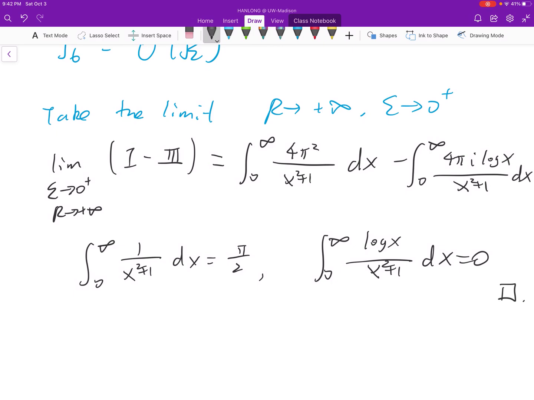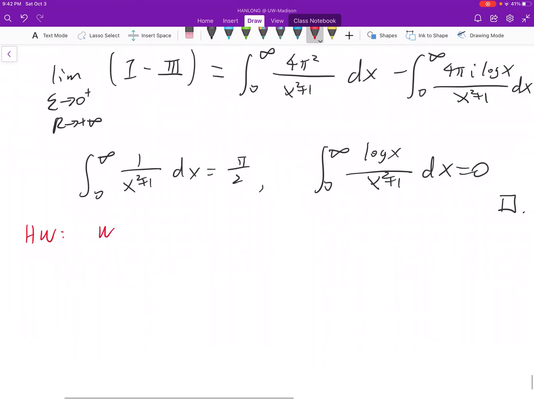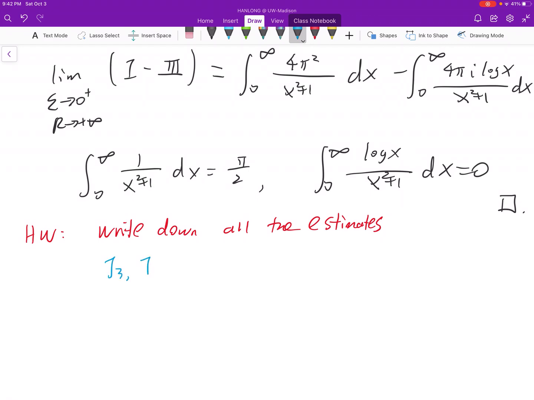So the homework, I really suggest you to do the homework. Write down all the estimates for J3, J4, J5, J6 explicitly by yourself.